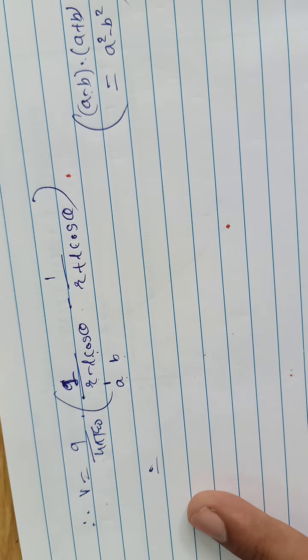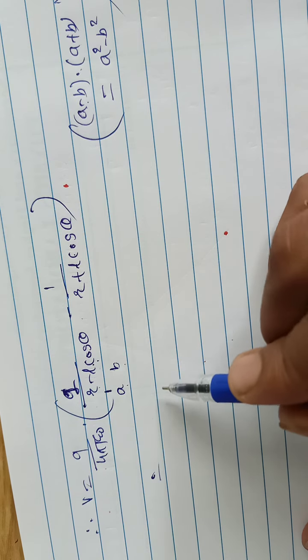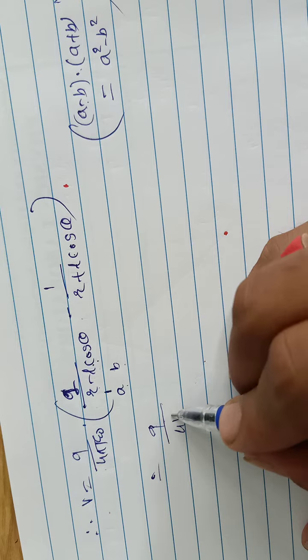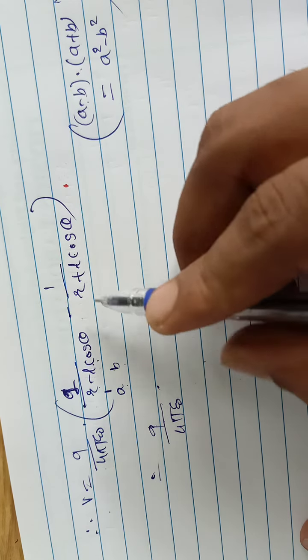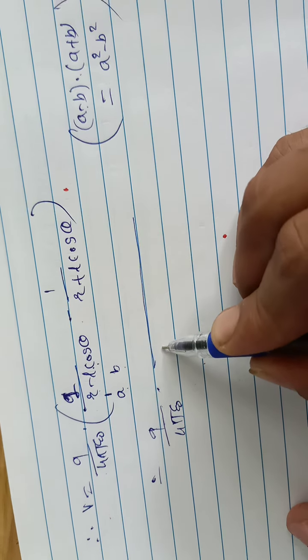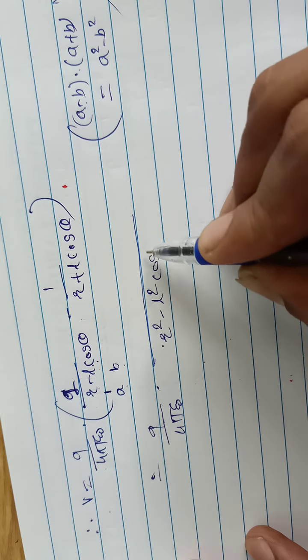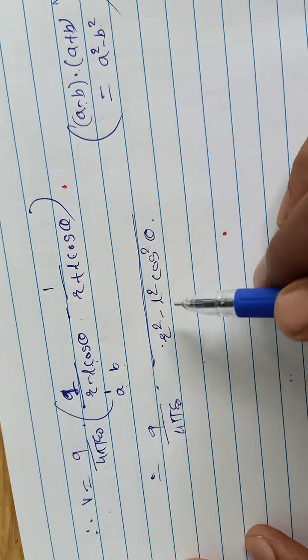Okay, so we are using this term towards the denominator, so we get the value q upon 4 pi epsilon naught into 1. First of all we have to solve this denominator value, so we get r square minus l square cos square theta, because it is our a square minus b square term.